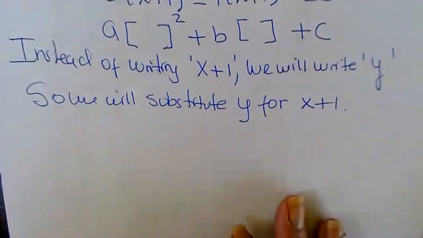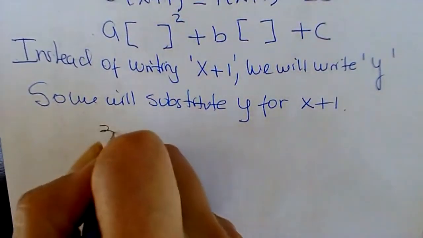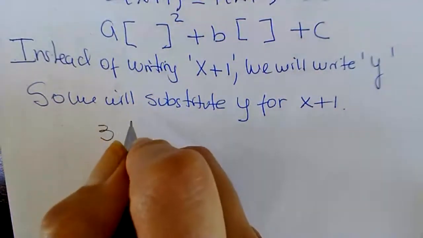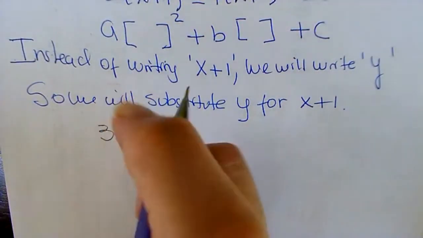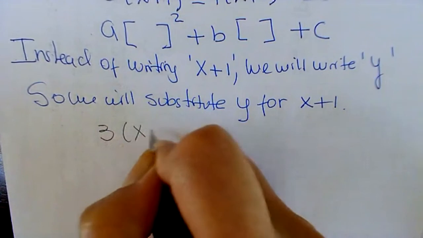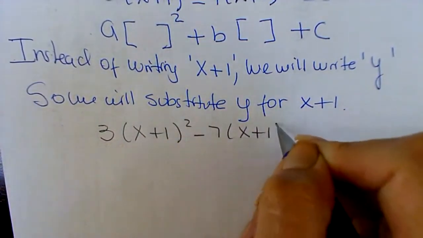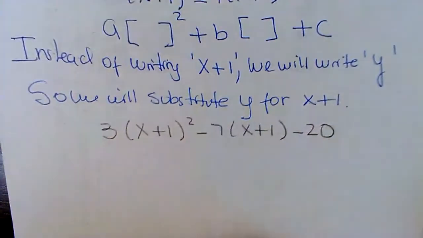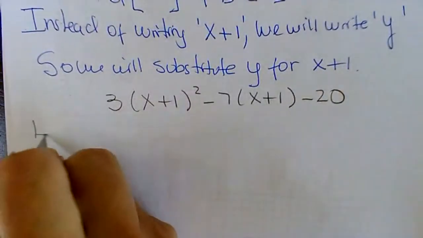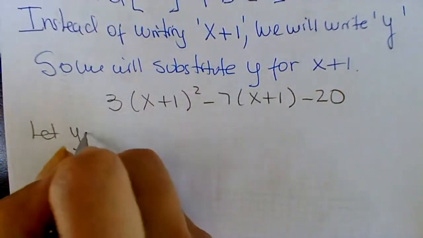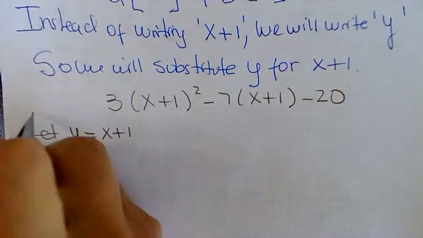So let's rewrite the problem with the substitution that we just did. Hold on, let me write the problem again down here. And we're going to let y be equal to x plus 1.